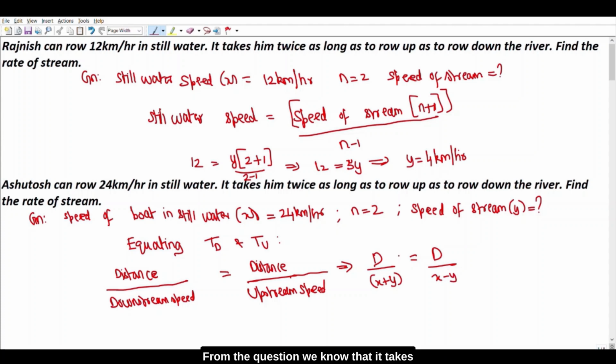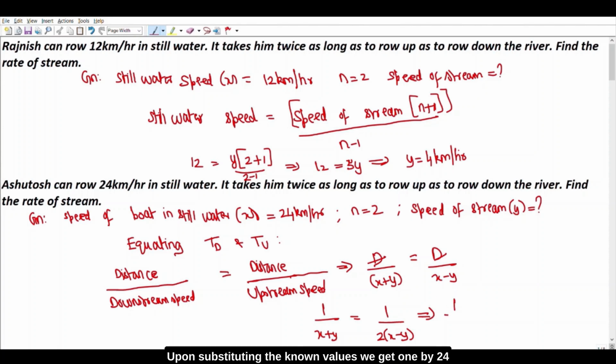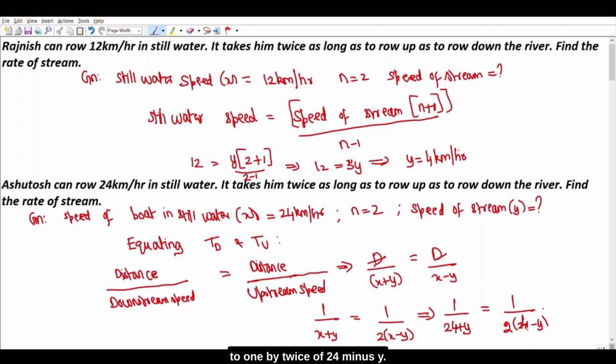From the question we know that it takes him twice as long as to row upwards. Therefore the same equation becomes 1/(x+y) is equal to 1 divided by twice of (x-y). Upon substituting the known values we get 1/(24+y) becomes equal to 1 by twice of (24-y).